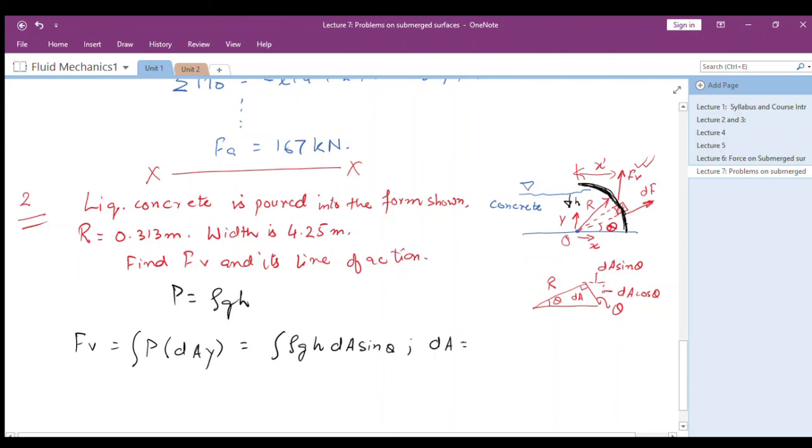My dA is equal to width times r d theta. W is the width. h is nothing but r minus y, which would be equal to r minus r sin theta.